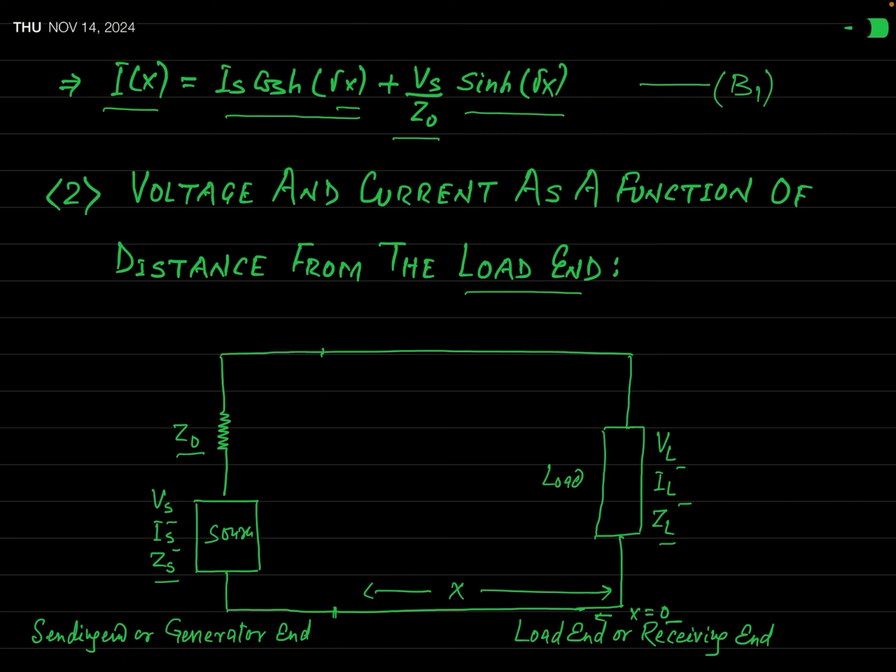The term which was representing the incident wave will now represent the reflected wave, because the wave which travels from the load end to the source end is now called the incident wave, and the wave which travels from the source end to the load end is called the reflected wave. So that will be just opposite.